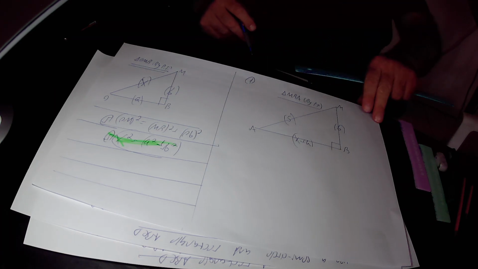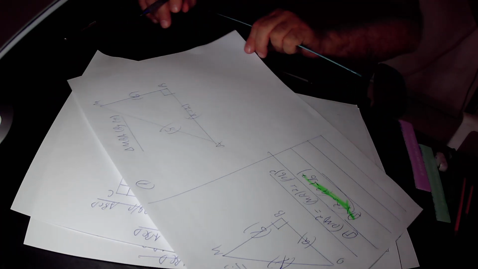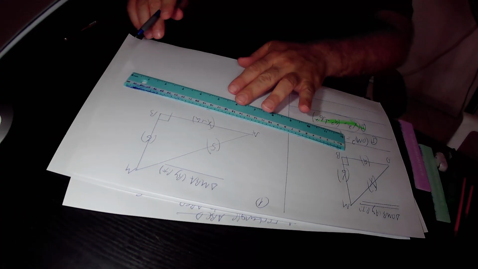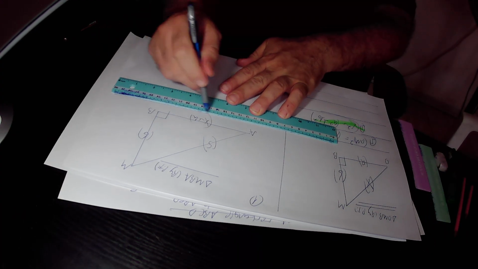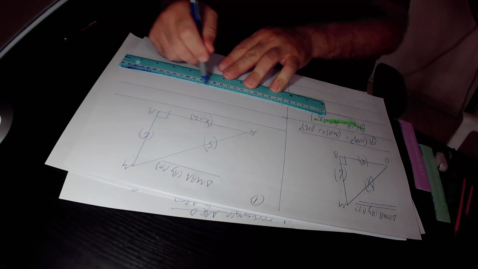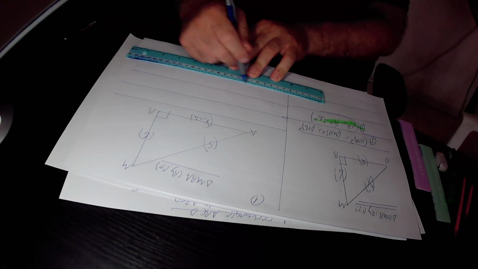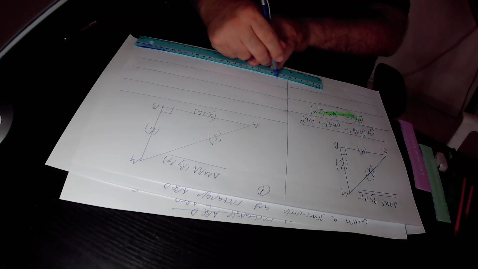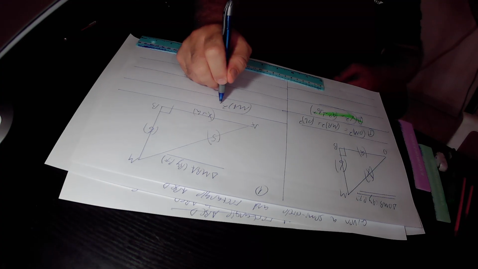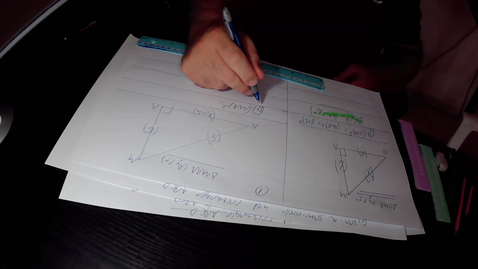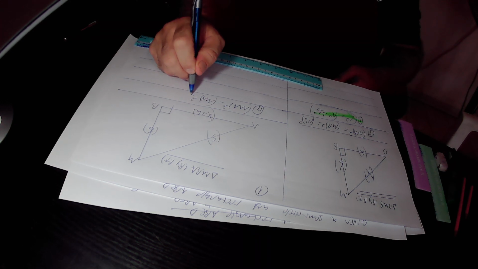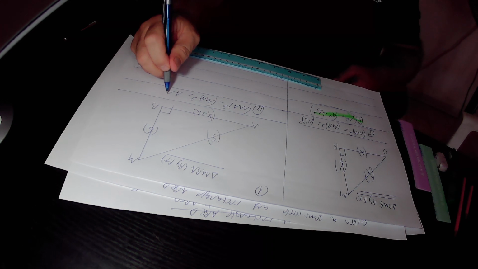So I write it down: MA square, the square of the hypotenuse, equals MB square plus AB square.